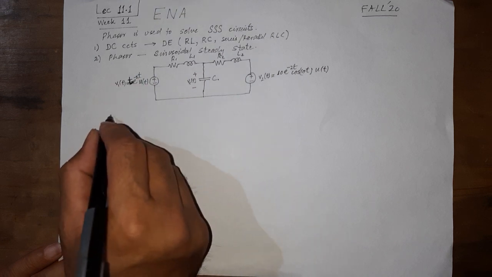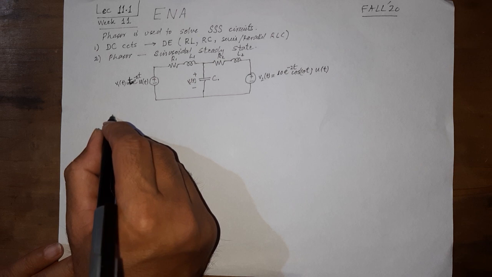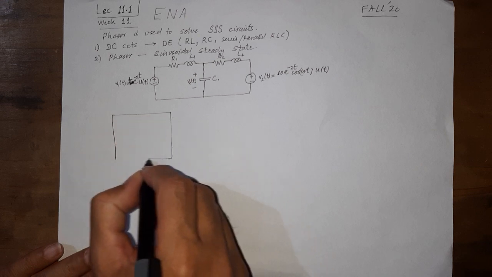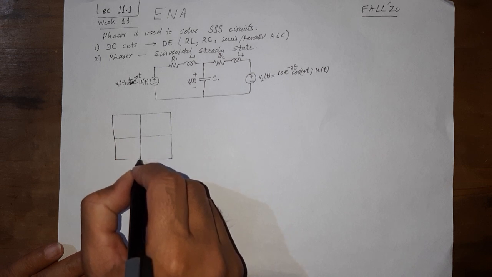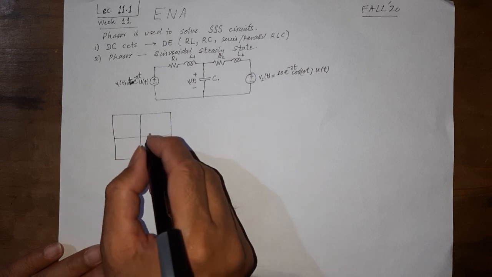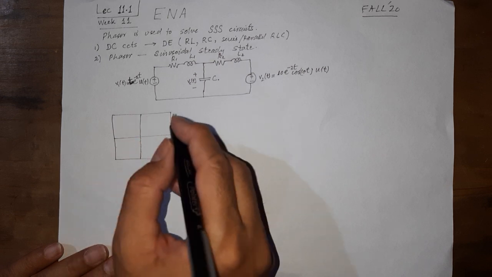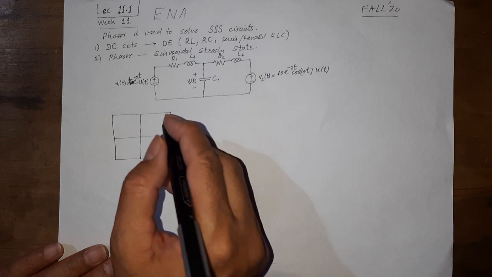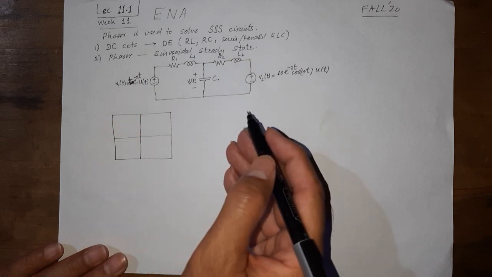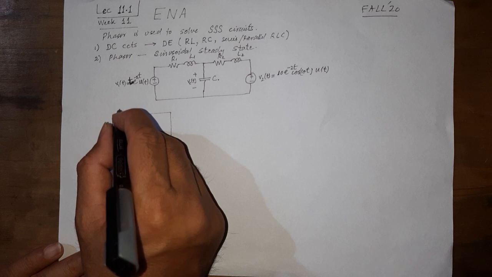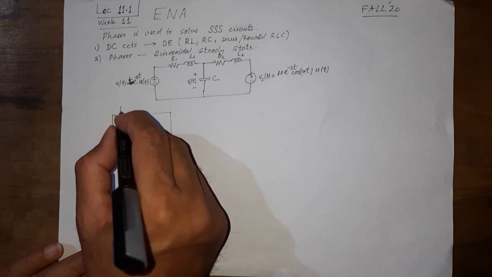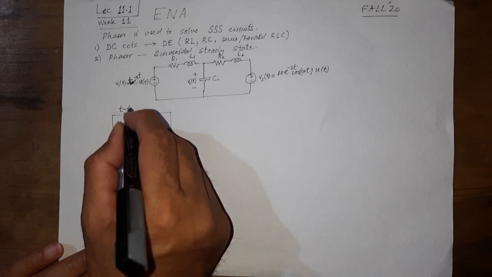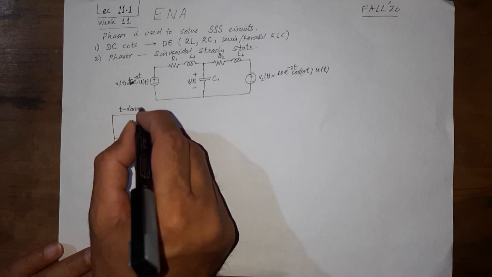So, for example, let me draw these four boxes here to tell you how we are going to employ a technique like phasor, and like the one that we are going to study now, in order to solve something. Here we are going to have the time domain or the time space.